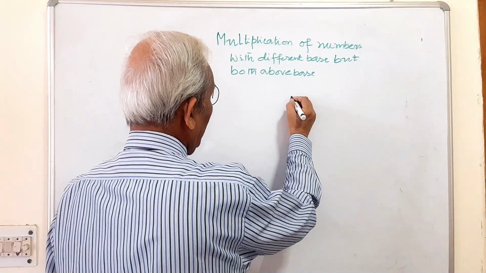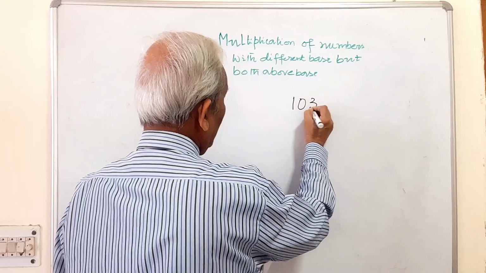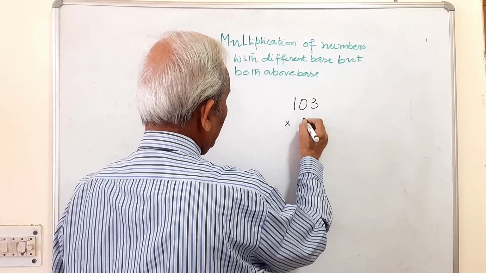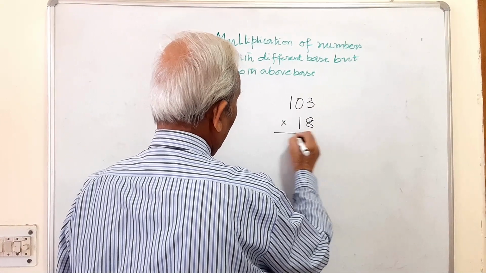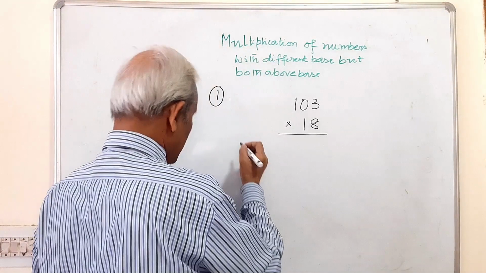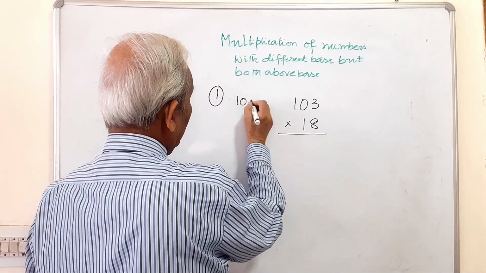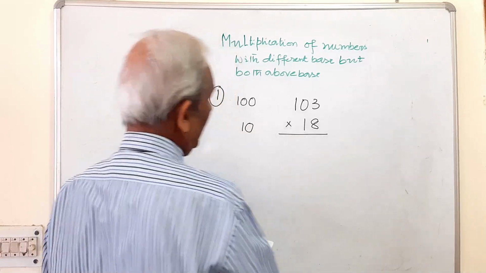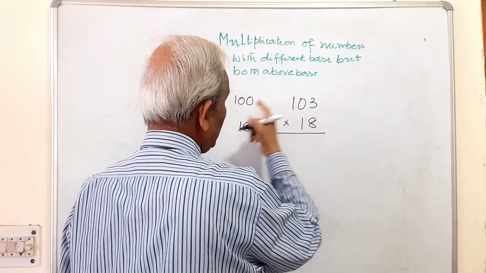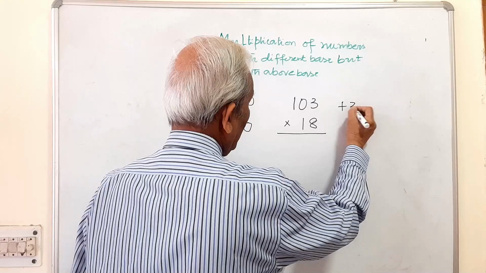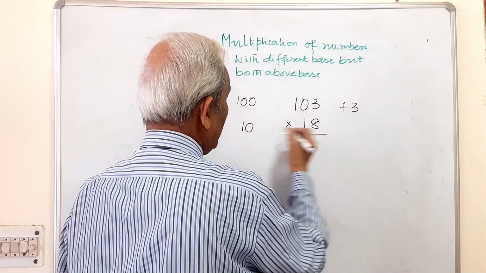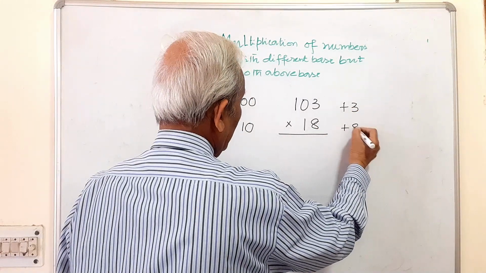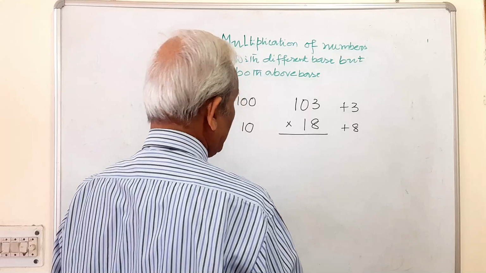Let us multiply 103 into 18. Here the base is 100. Here the base we are taking as 10. Right? So 103 minus 100 is plus 3 and 18 minus 10 is plus 8. Plus 3, plus 8.